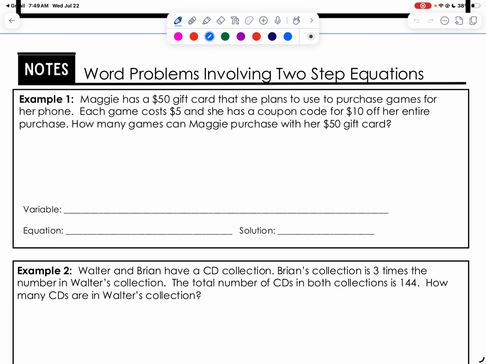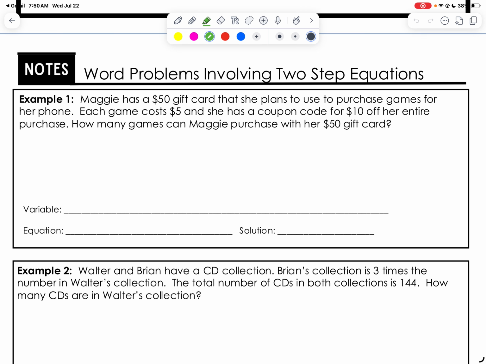So when we're solving a word problem involving two-step equations, our goal is to write an equation and then solve it. But before we can write an equation, we need to define our variable. In other words, what is the unknown in the situation? Now, almost always you can find the unknown from the question.